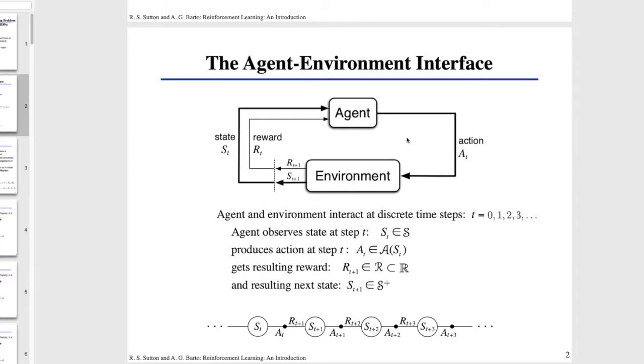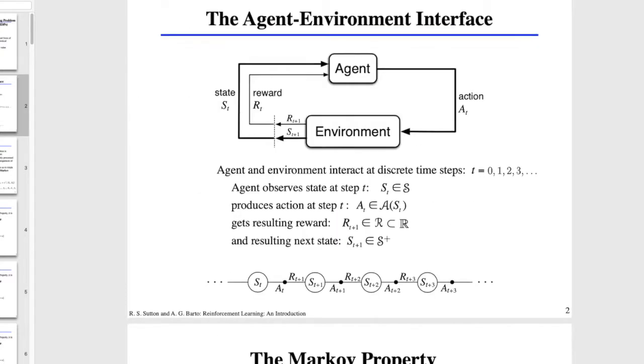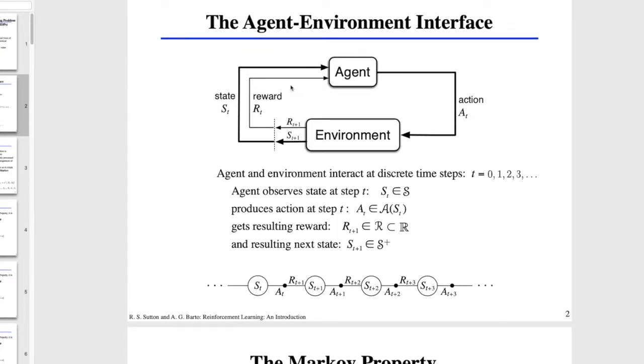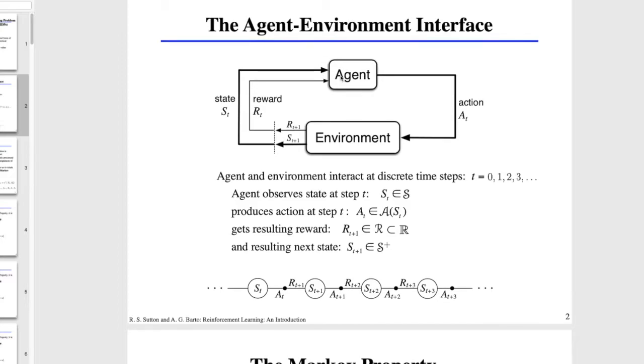We still have some model. So I don't like this picture. My picture has a model in it that we're learning about. I guess in the agent's head, there's a model of how the world works and what will happen if we take a certain action in a certain state, what will be the next state, right? So in the agent's head, there's a model, and the model predicts, well, I would write it differently.